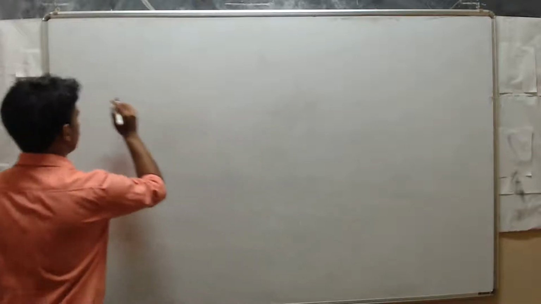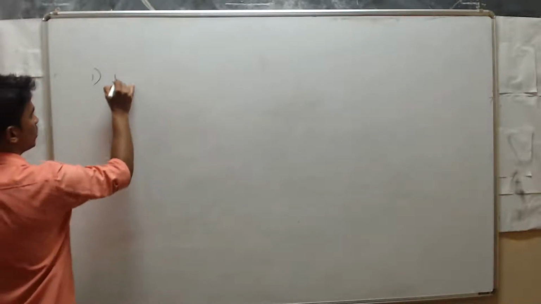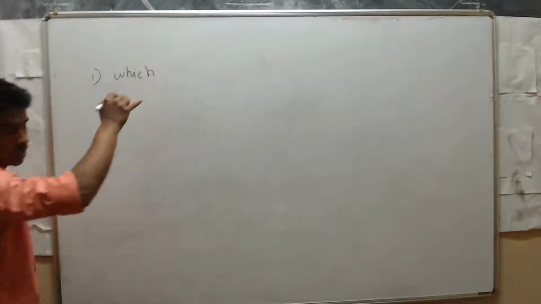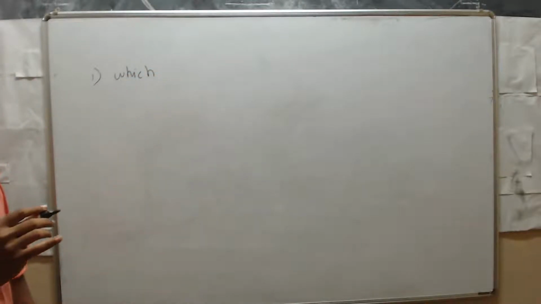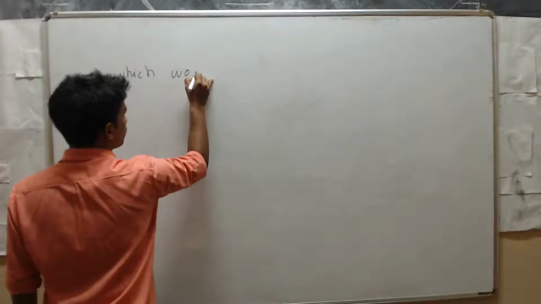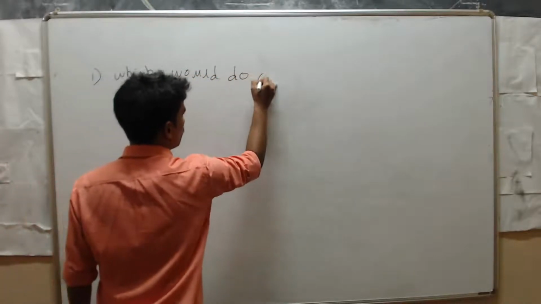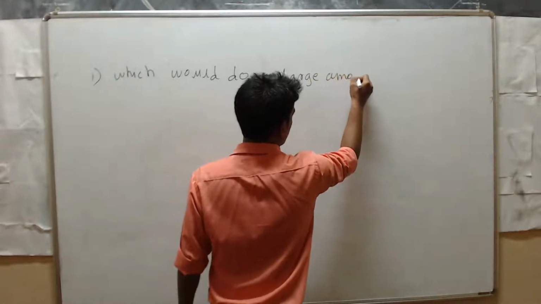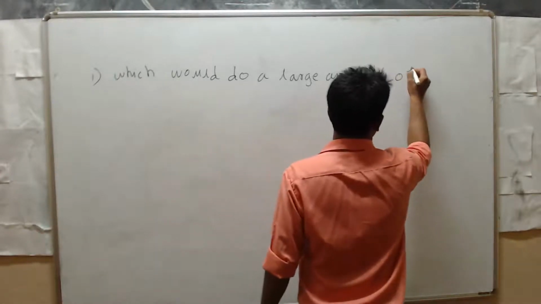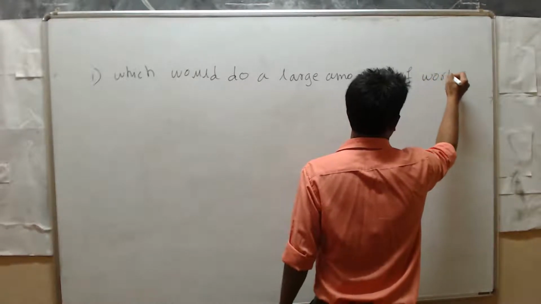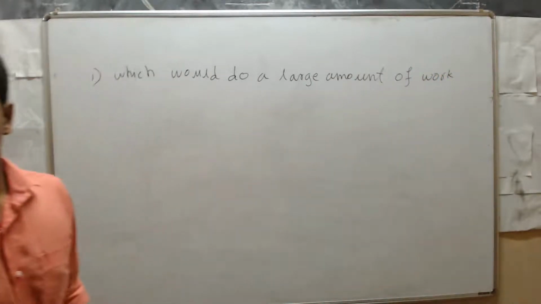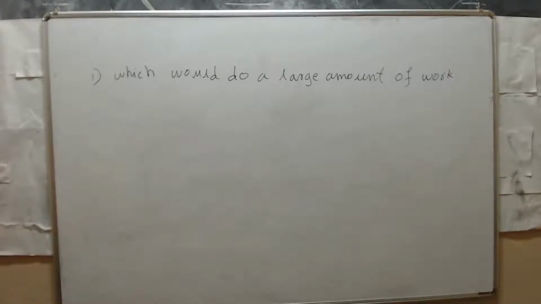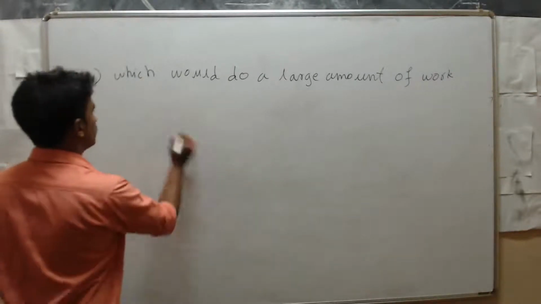First I will write. The first one: it could do a large amount of work per unit volume or mass.